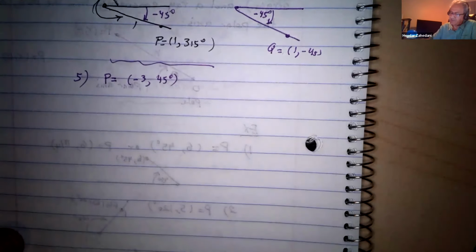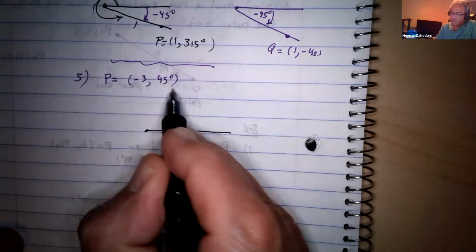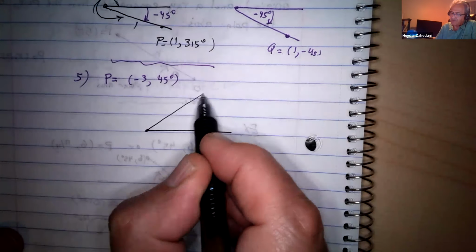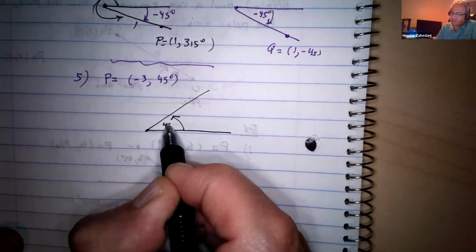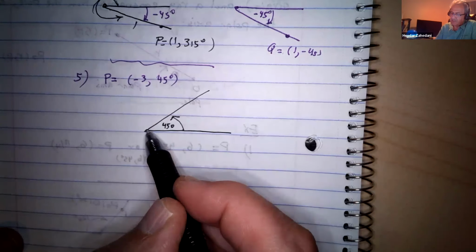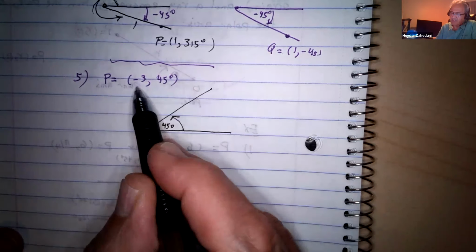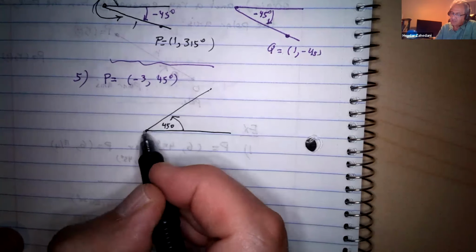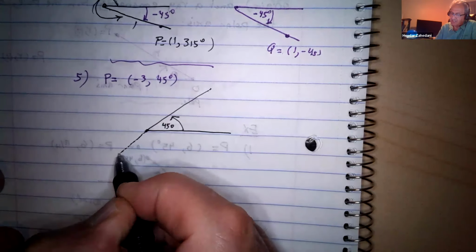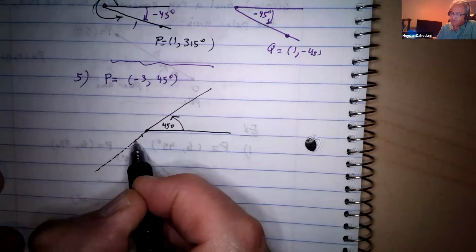Okay, so for example, if you've been asked to identify the point -3 and 45 degrees, this is going to be the case. Your angle is positive, so we get a 45 here. So this is the 45 degrees. You see, if r is positive, you pick the numbers in this direction. But in this case, r is negative, so you are not going to pick it in this direction. So you continue this one as a dotted line, and then you pick the 3 units here. You see 1, 2, 3.